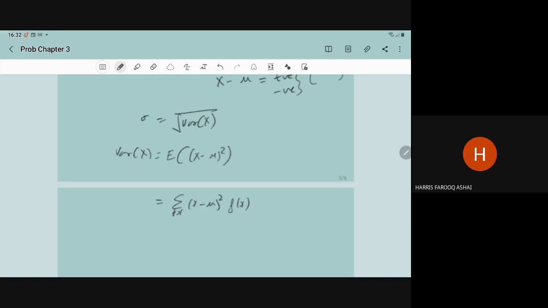And for this, this summation should exist. Sometimes if this summation does not exist, then we cannot determine it. I will show you one example that it is not necessary that we can compute the expectation for all distributions. So for the existence of the expectation, this summation should exist.